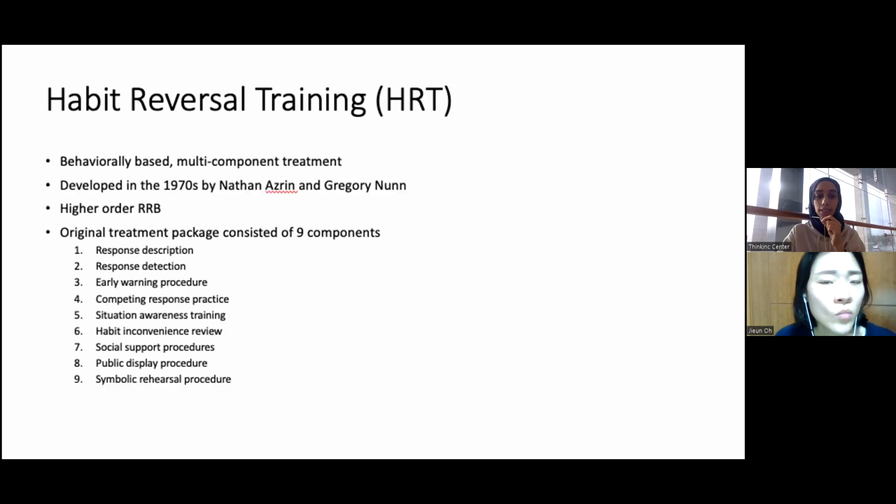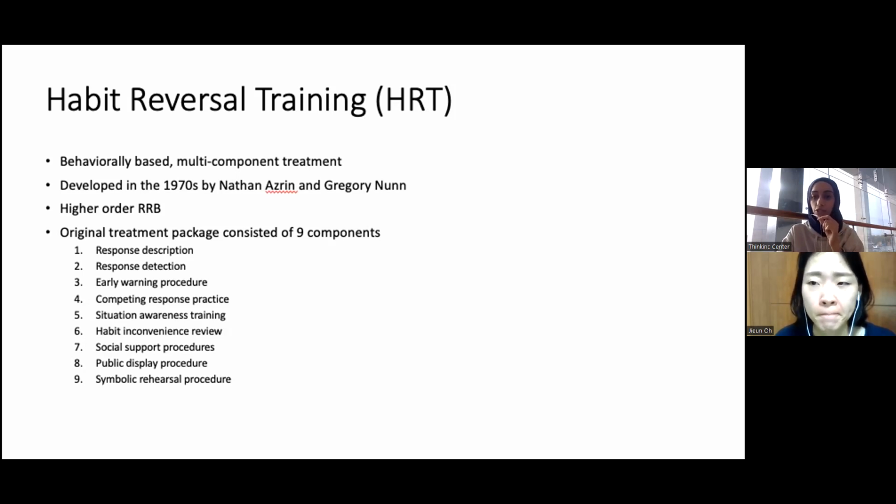The results of this original treatment package were highly effective, and the results were very significant, with 95% of participants showing the target behavior decreasing after 3 weeks of intervention.